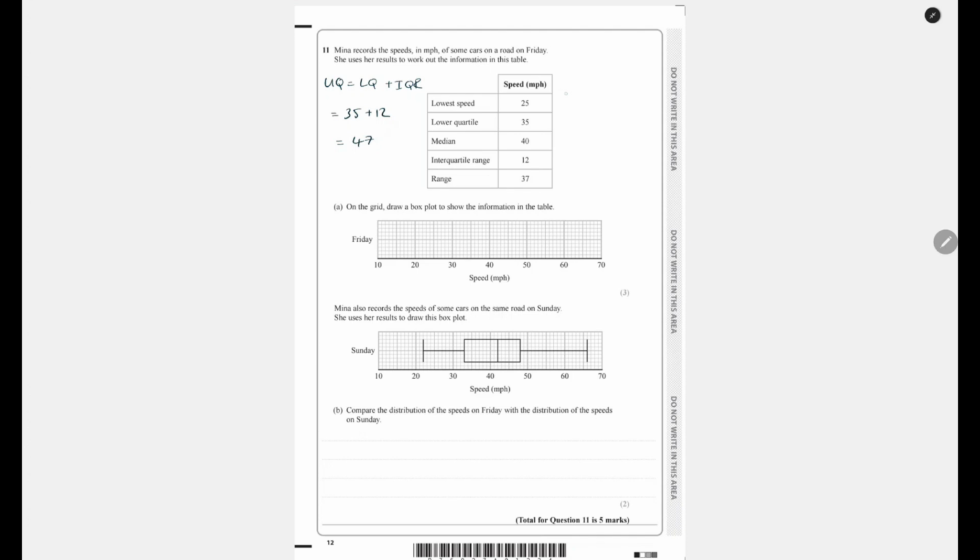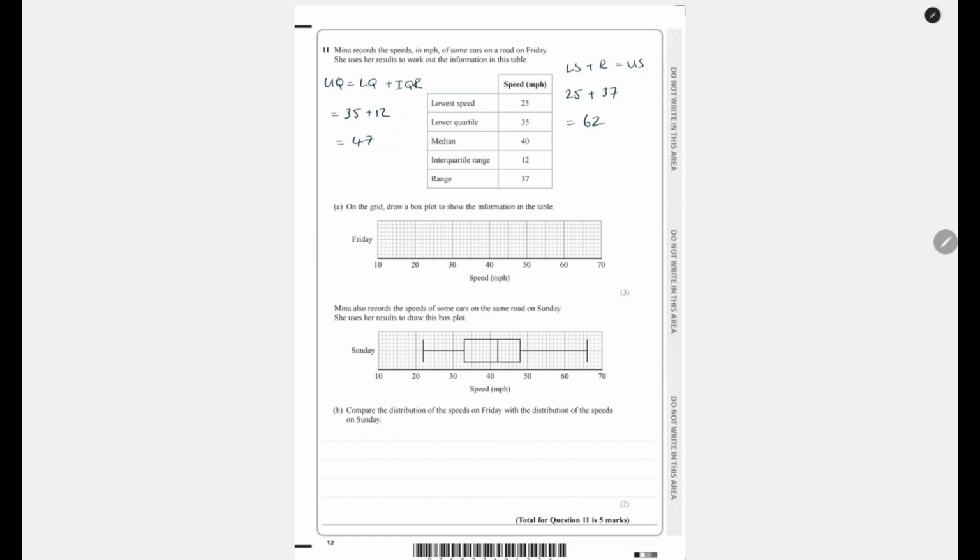And so that's going to be 25 plus 37, which is the lowest speed plus the range, to get the upper speed. And that is equal to 62.